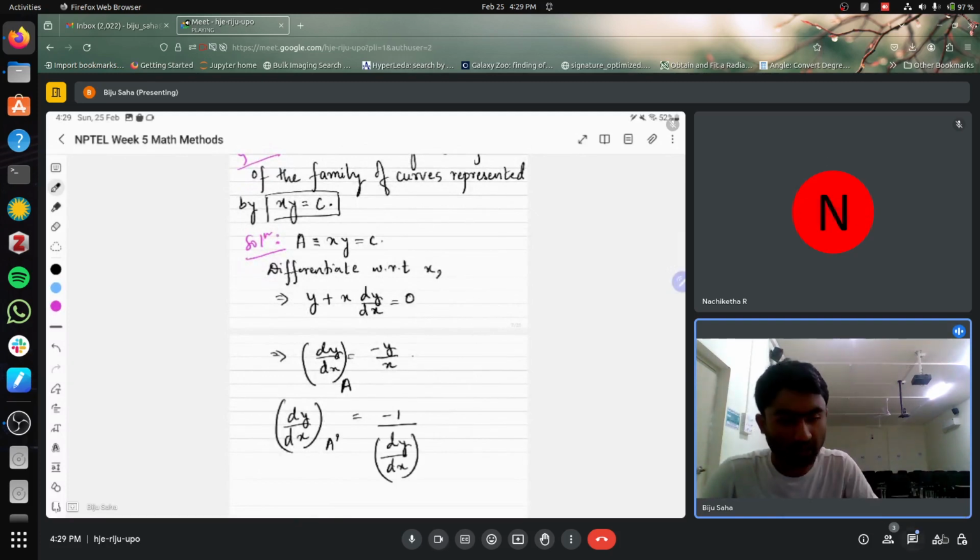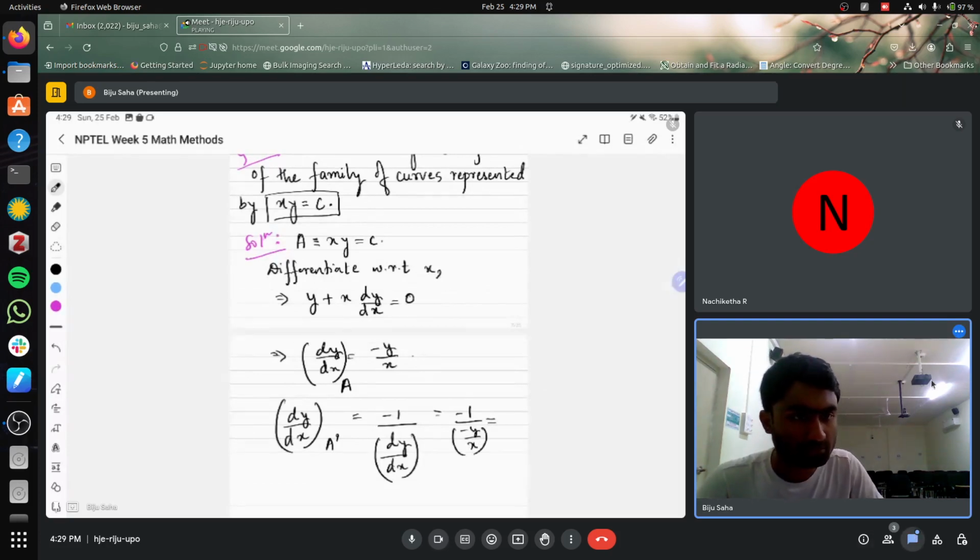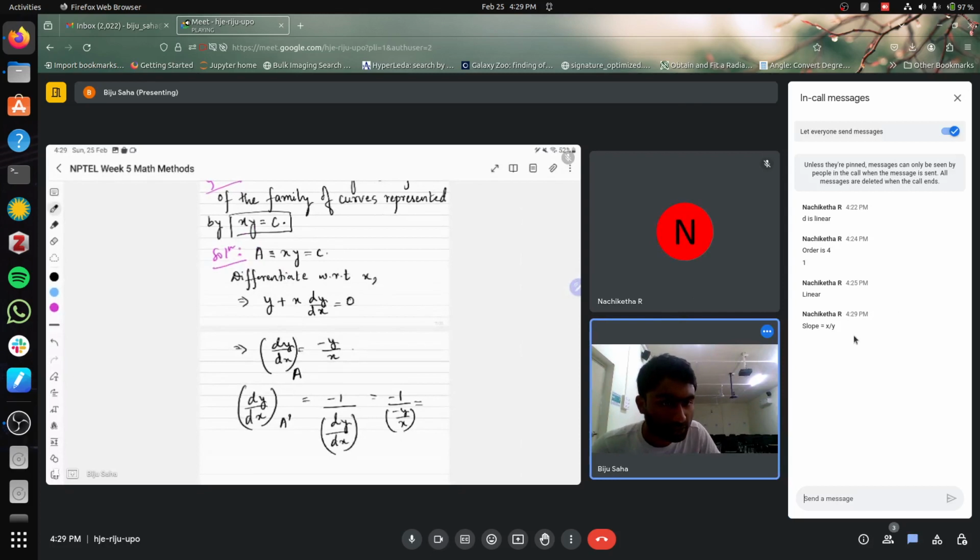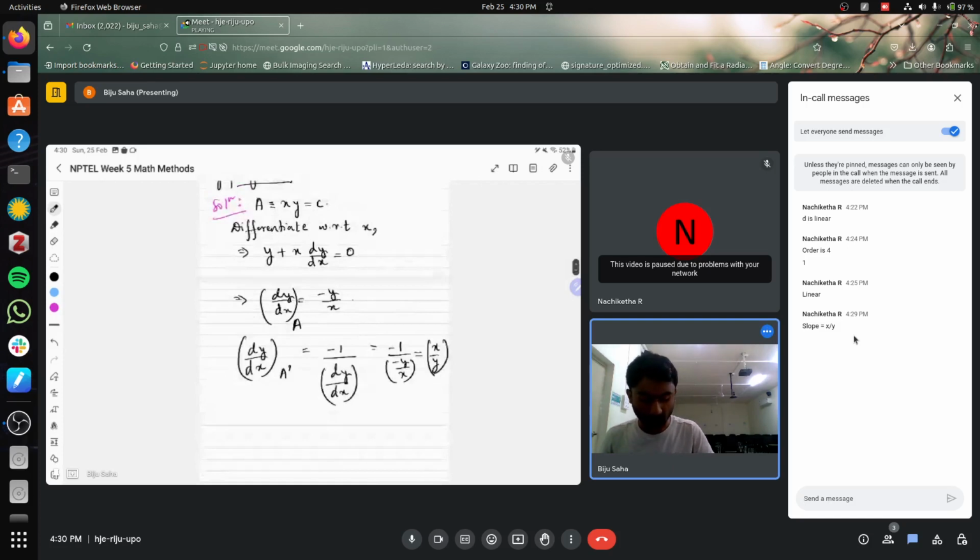Yeah, exactly, you are saying the slope of the other family of curves. Did you write slope equal to x by y? Yeah, x by y. So this is the slope of the other curve.